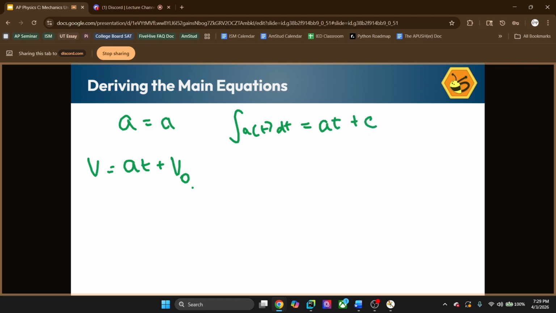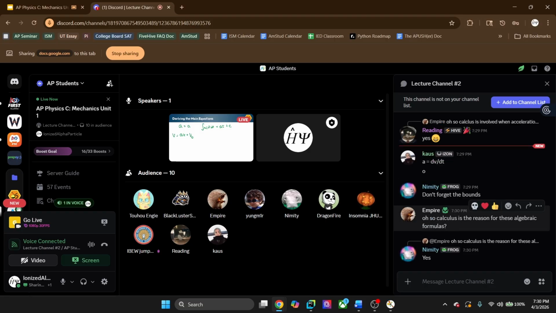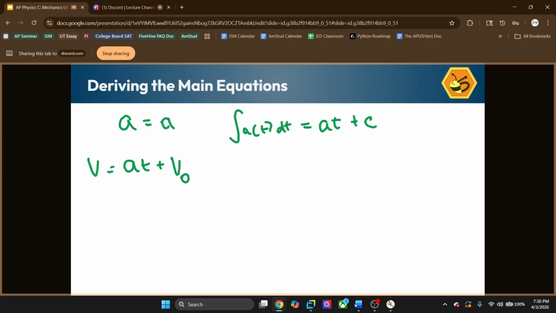We don't know that c is 0, so we're gonna add the initial velocity, because that's what it is. In this case we don't have bounds because we're just deriving things here. That's one way you can derive it.